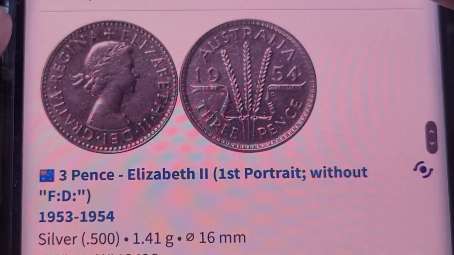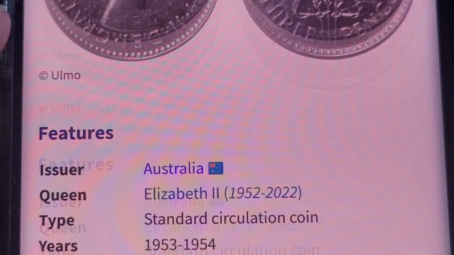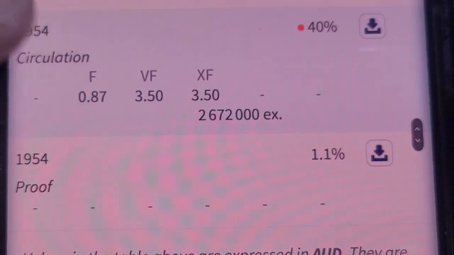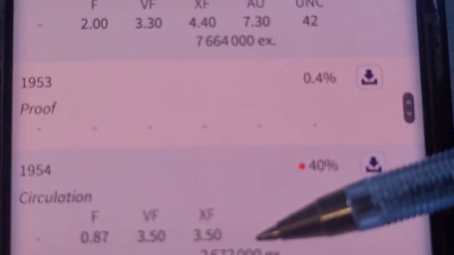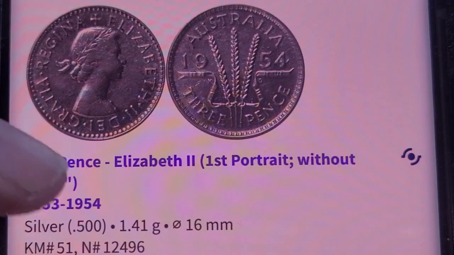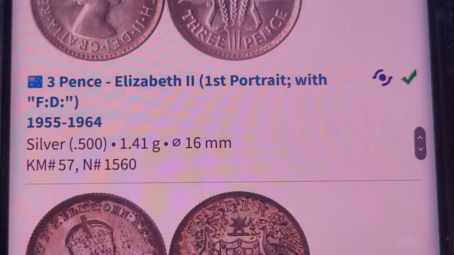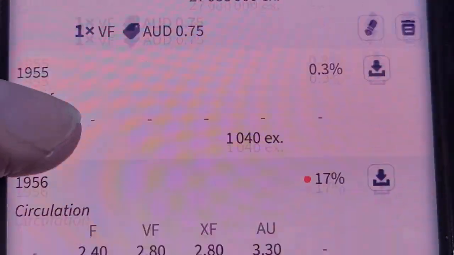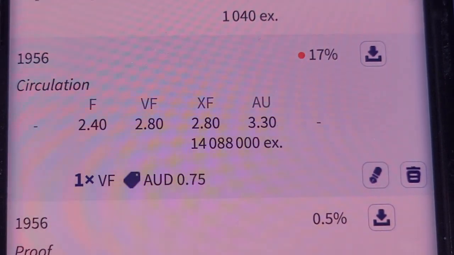And if we get 1953, 54, you got a lower mintage, so obviously they probably have removed quite a lot of the 92.5% coins, and there's probably less demand for coinage as well. And if we go to the end, we got an increase here.